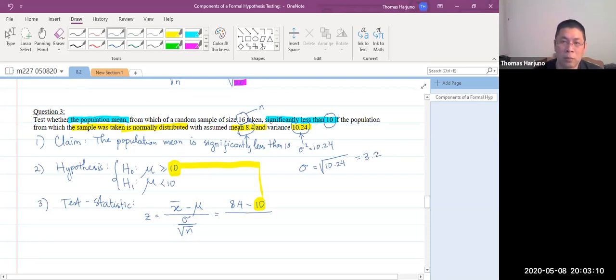I think that's 3.2. Yeah, it's 3.2. So it's 3.2 over square root of 16. And then I will compute.